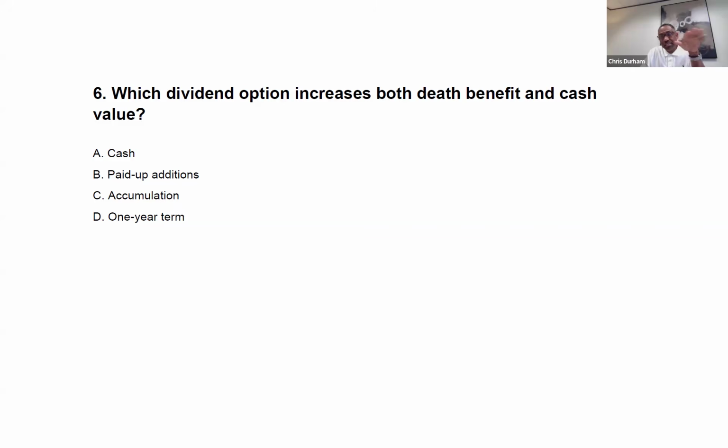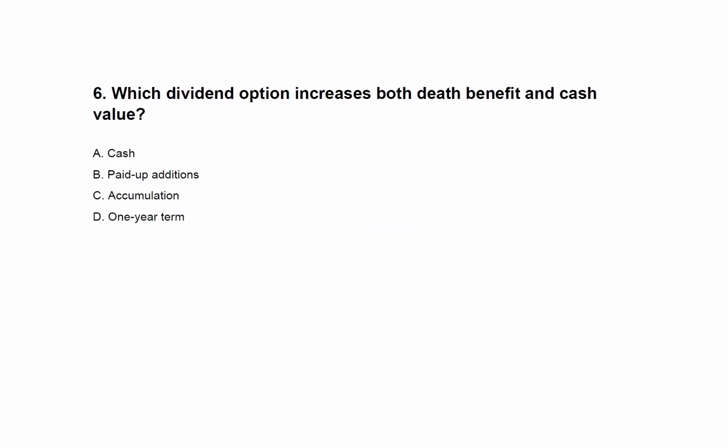So basically, it's just word association in this case. If it says dividend option increases, that's the only option on here that has anything to do with getting additional insurance. Accumulation is not even a term; it's just something they threw in there as a distractor.